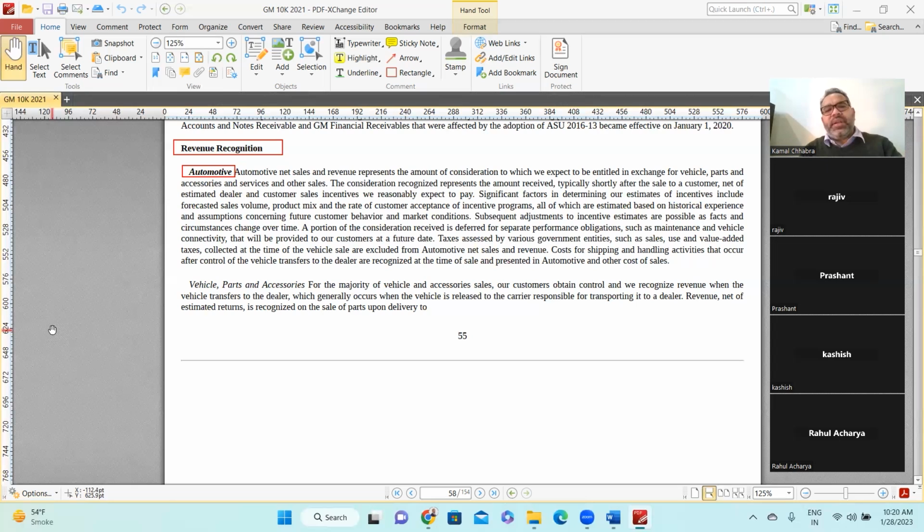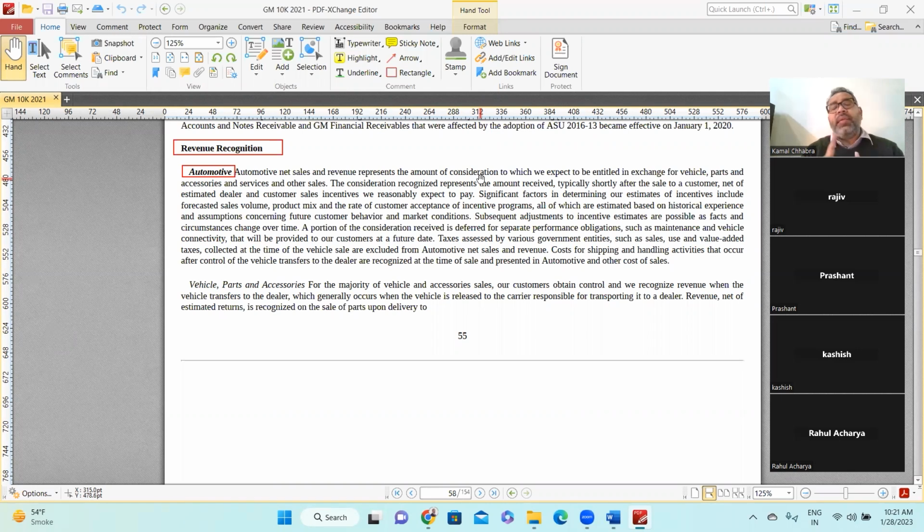Here, if you see what all they have mentioned in their revenue recognition policy, it's about how they recognize revenue for automotive. What components and natures there are in the sales, like what gross sales they have, what categories of sales they make, in what countries they make the sales.